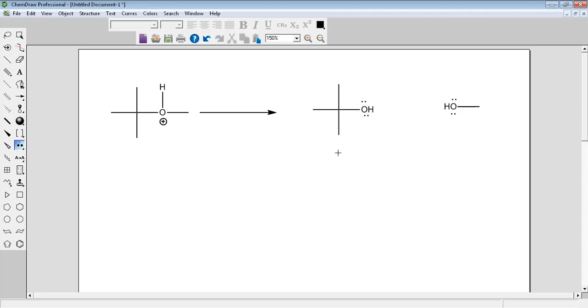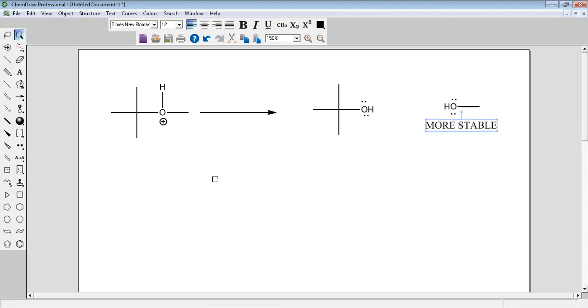This one is the stronger base than this. If this is the stronger base, that means it will be more stable.